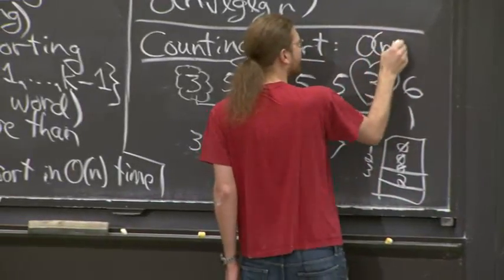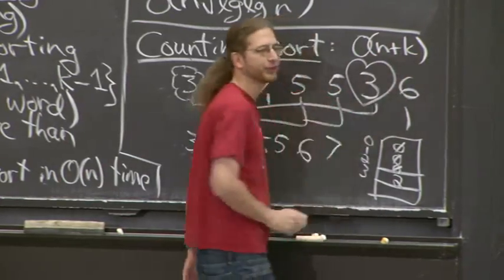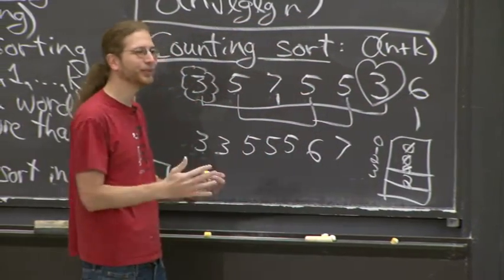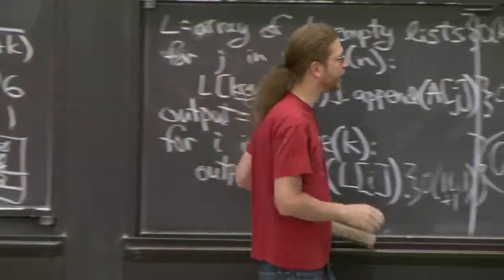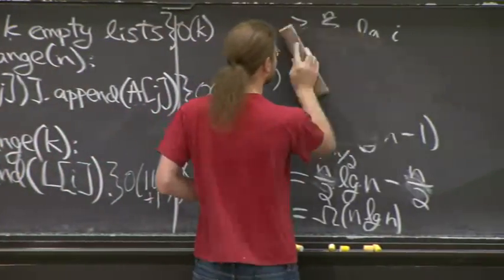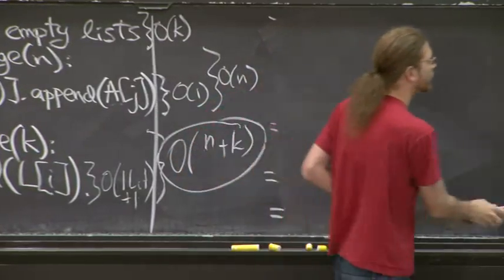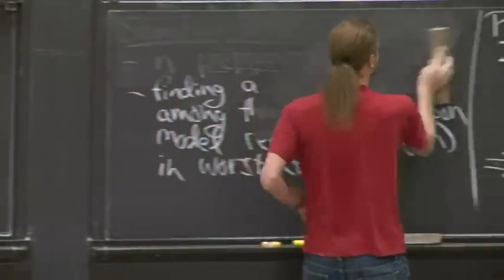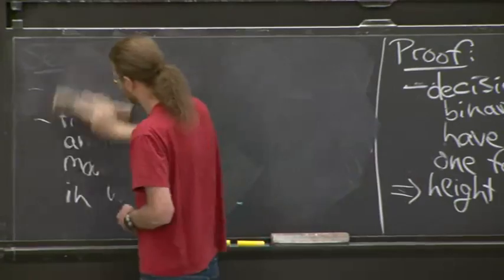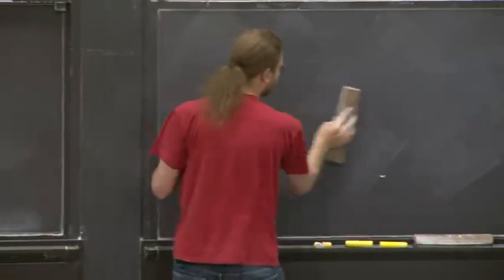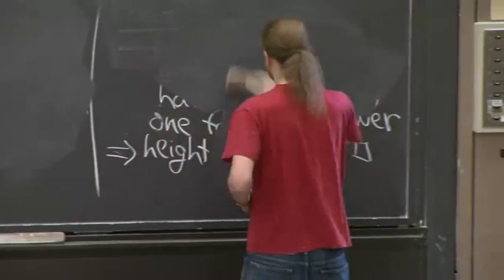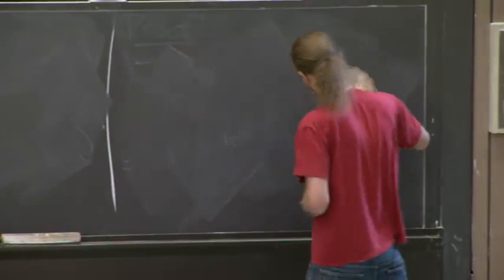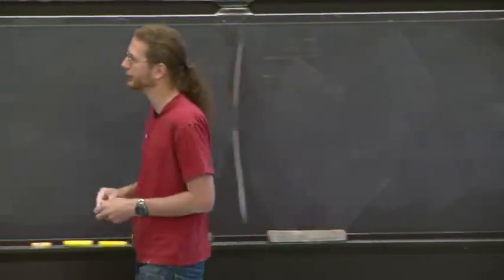So if k happens to be order n, this is linear time. But as soon as it's a little bit bigger, you're in trouble. So counting sort's a good warm-up, but it's not ultimately what we want. And a much cooler algorithm is called radix sort.